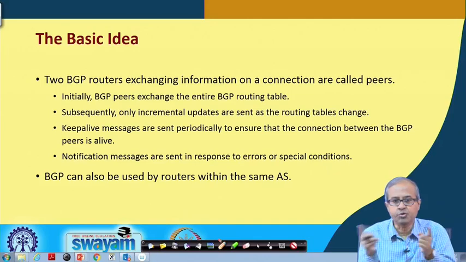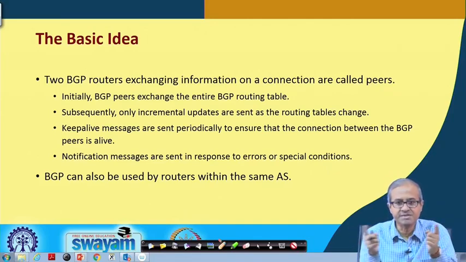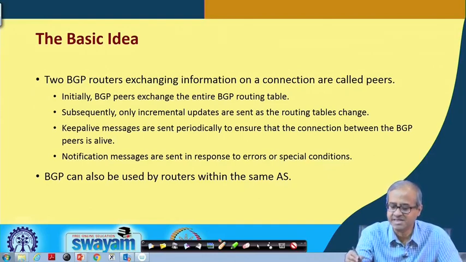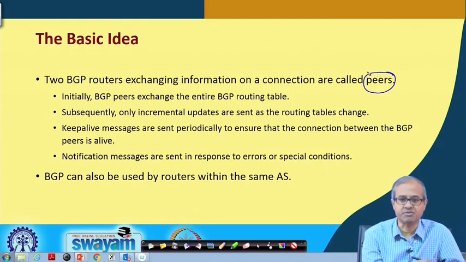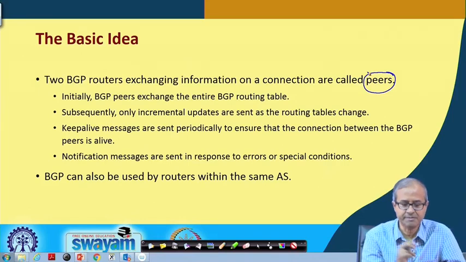Now, the 2 end routers through which BGP establishes a connection and exchanges messages are called peers or peer routers or peer gateways. So, these peers are the ones which participate in sending and receiving BGP messages, right.